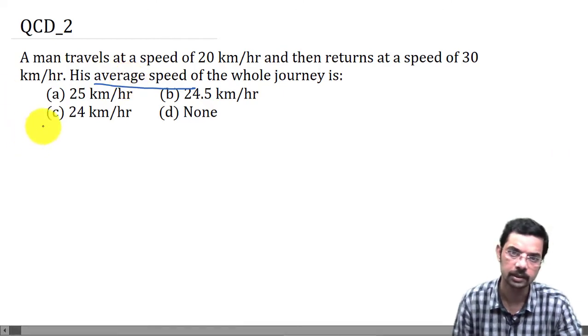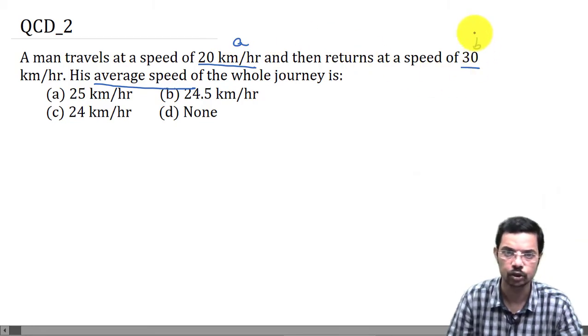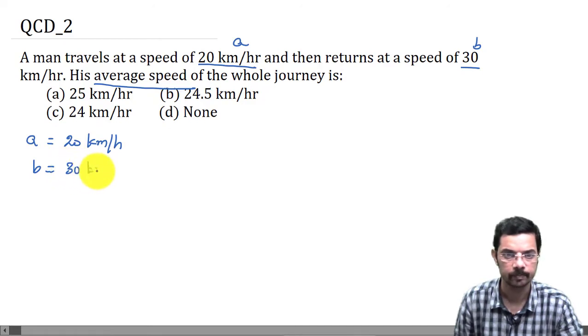Suppose here we have two different speeds. One is 20 kilometers per hour and the other is 30 kilometers per hour. First one is A, the other one is B. So A is equal to 20 kilometers per hour and B is equal to 30 kilometers per hour.